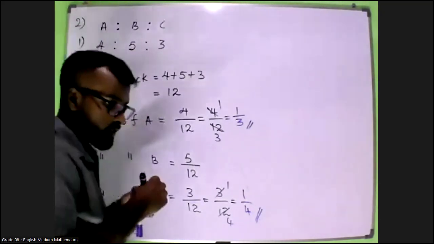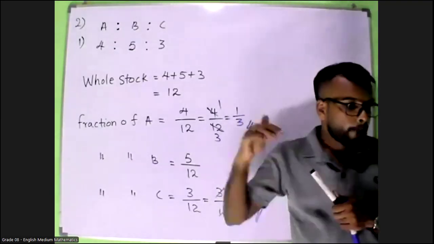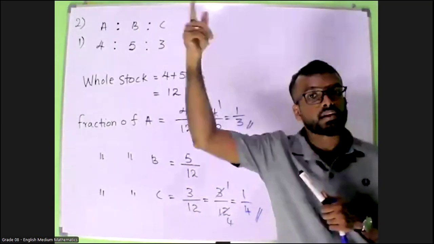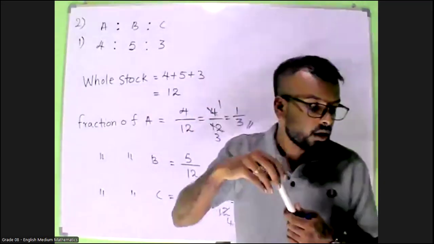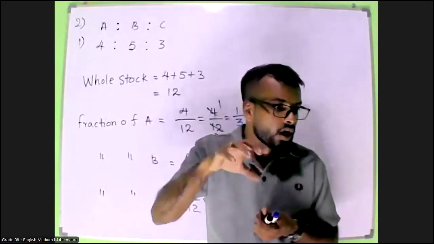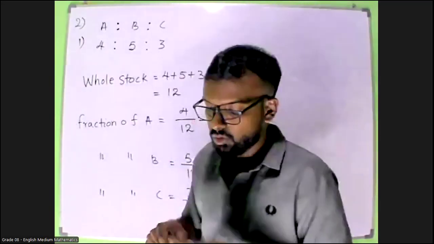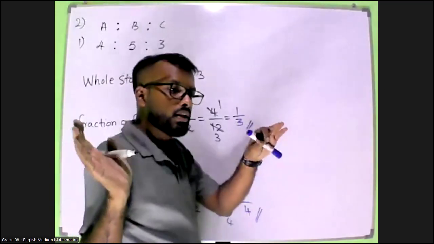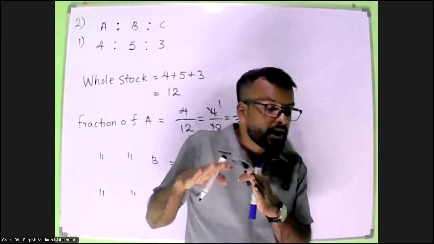Then part 2. What fraction of the amount that B received is the amount that A received? So we have to compare the share of A with share of B. In these kind of questions, you have to get the numerator where it is at the end.